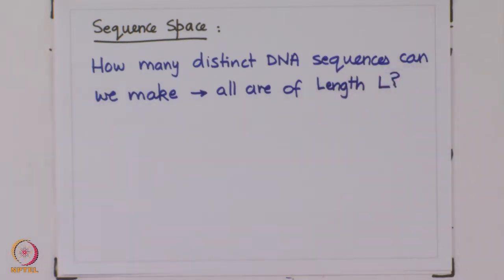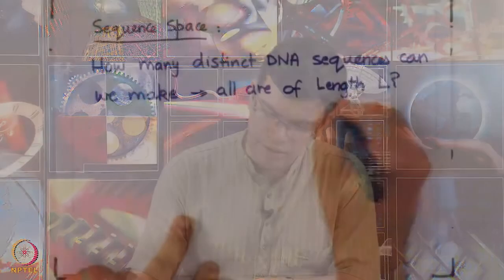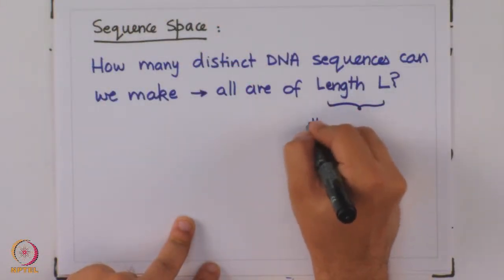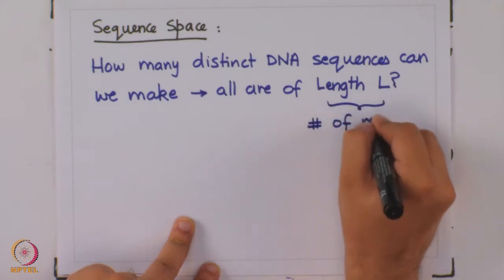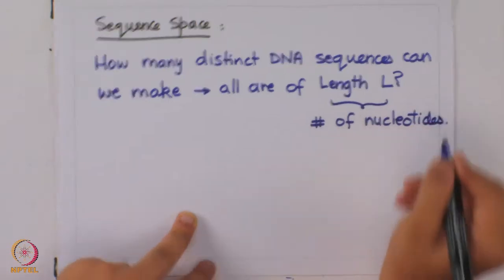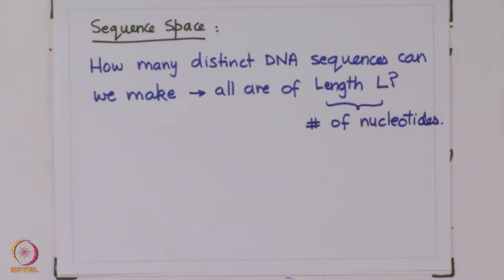So, you are asked to synthesize a linear DNA strand of length L, and when we say length L, this is typically just represented as the number of nucleotides. So, length is not the conventional length as we think of it, but it is actually just the number of nucleotides associated with that DNA sequence.